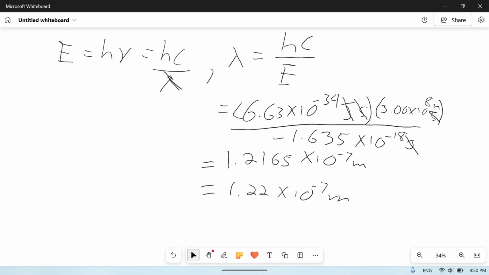Okay, that's fine, but photons that are involved with energy levels in this way are often written in nanometers, so I just like to write that this is 122 nanometers. 1 nanometer is 1 times 10 to the minus 9, so 1.22 times 10 to the minus 7 is 122 nanometers. But both of these answers are correct. This or this are fine.